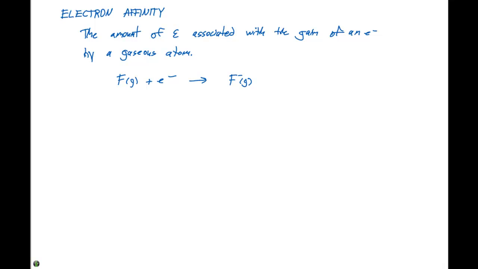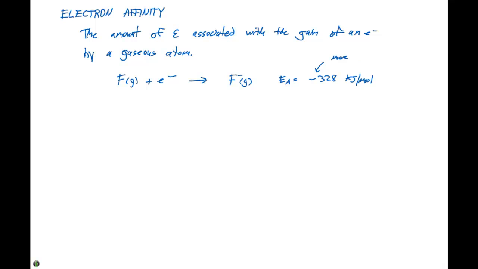In this case, fluorine has 7 valence electrons, so it would really, really like to have another electron. The electron affinity, or the energy associated with this, is negative 328 kilojoules per mole.